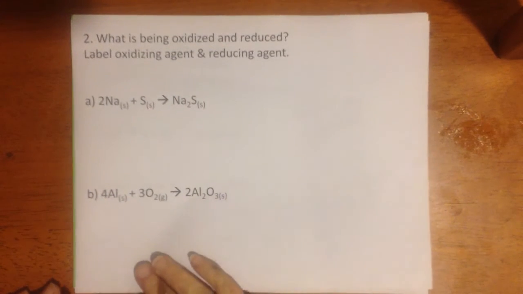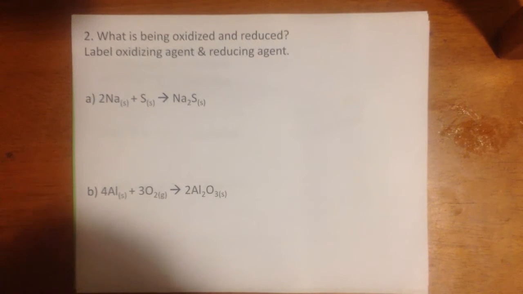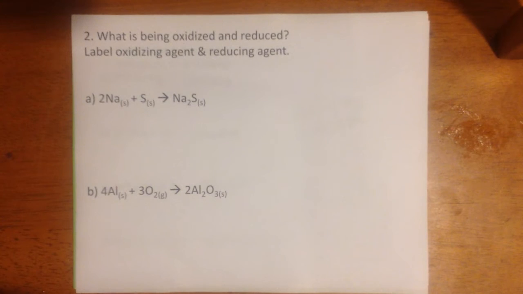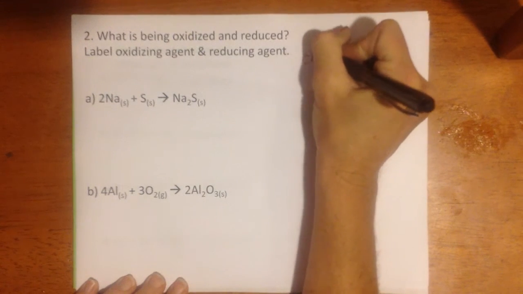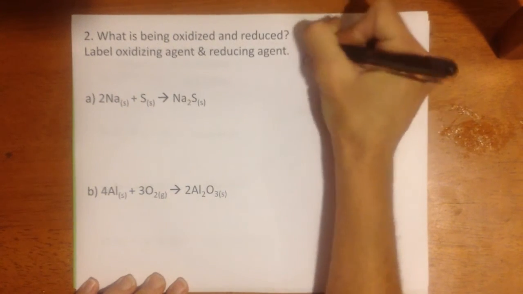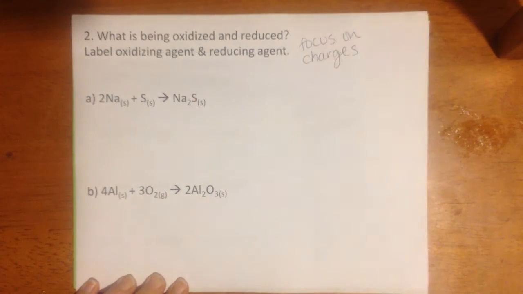Now let's try focusing on the charge definition. In this one, what is being oxidized and reduced? And label the oxidizing and reducing agent, which I'll show you right now. Focus on charges.